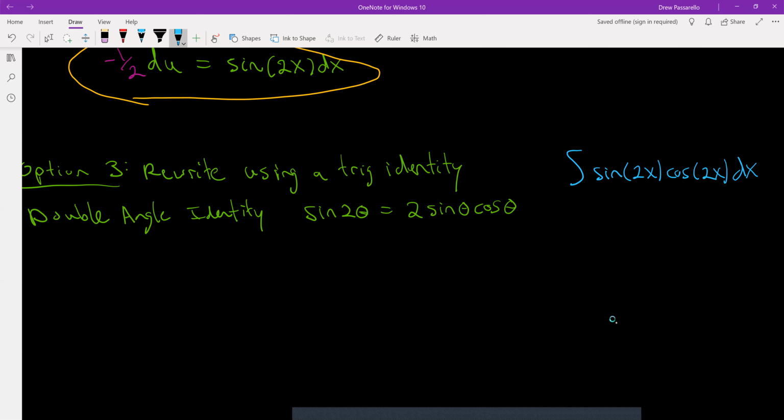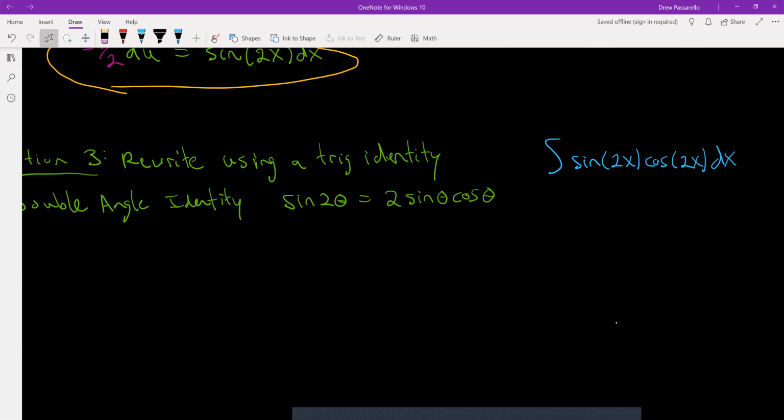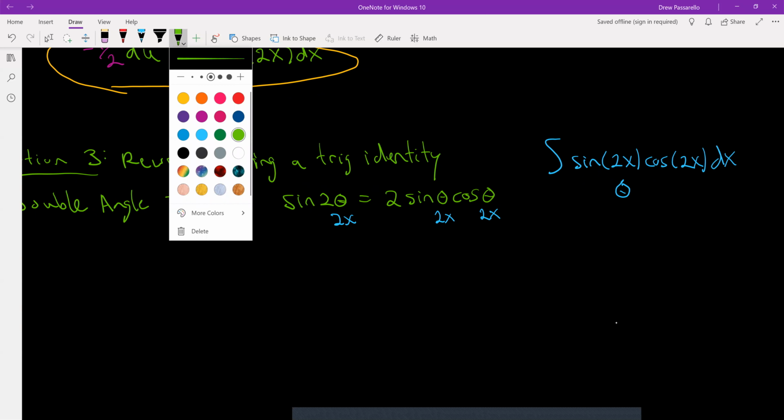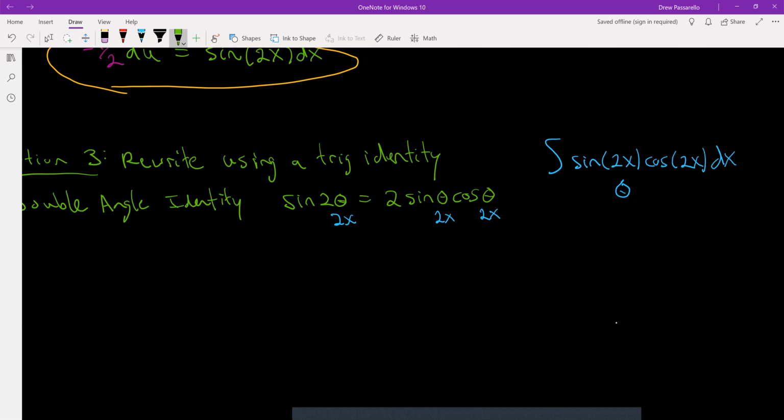So it's got that structure of sine of something, then times cosine of something. But if you let theta be 2x, so wherever there's theta right here, you put 2x. So instead of sine of 2 times theta, that's sine of 2 times 2x, which is sine of 4x. Now I'm going to go ahead and put it in parentheses.